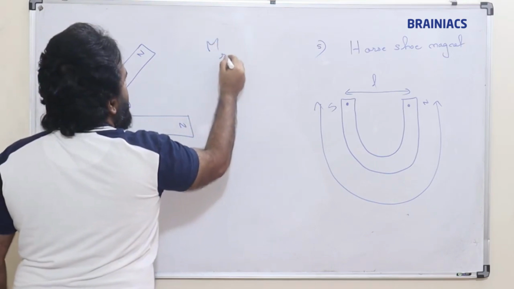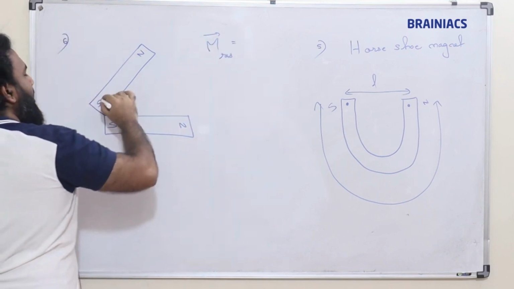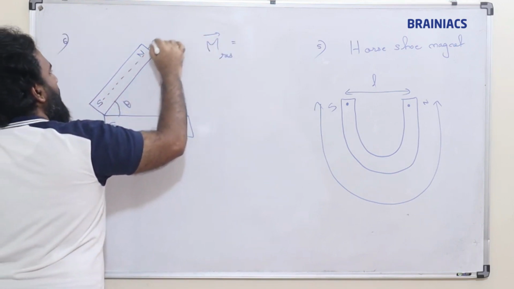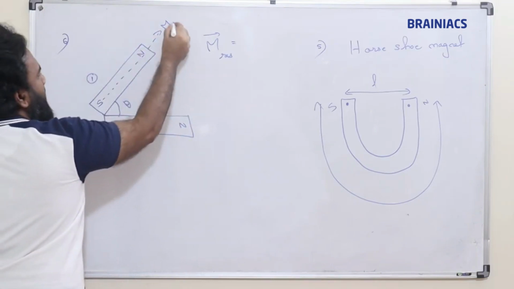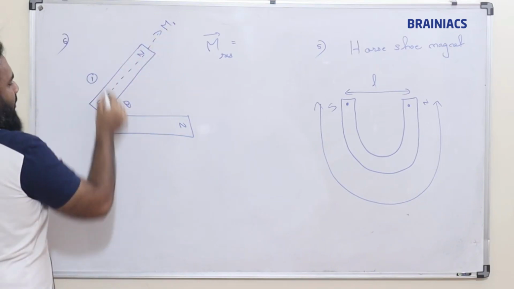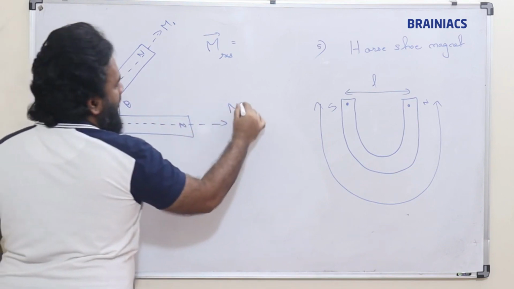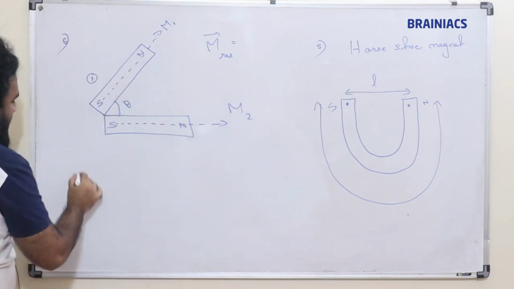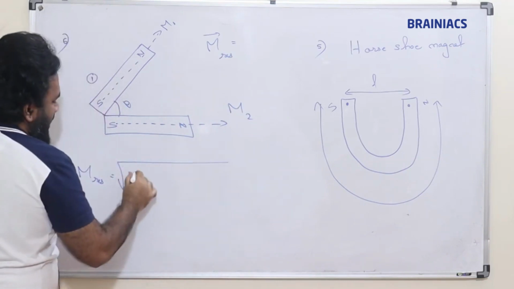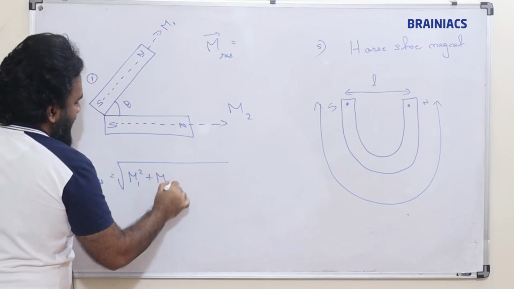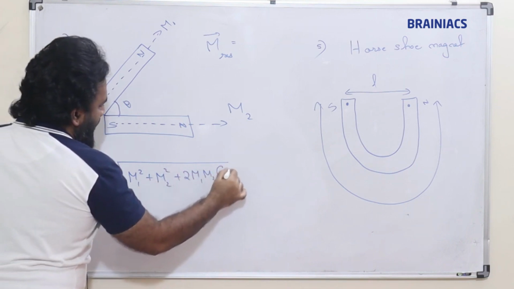What will be the resultant magnetic dipole moment? We take from south to north. Suppose this is magnet 1, this is the magnetic dipole moment of the first one, and if we mark M2 for the second, then M resultant will be equal to root of M1 square plus M2 square plus 2 M1 M2 cos theta.